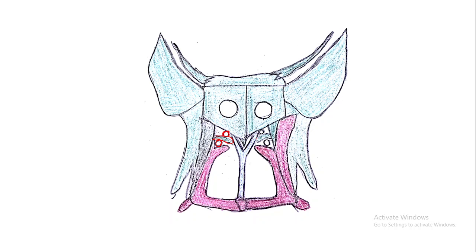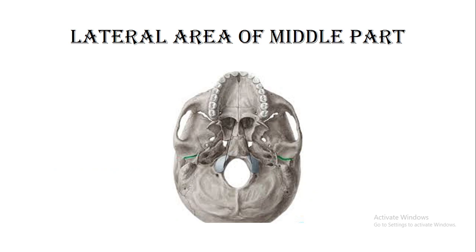These two canals are present in the median area of the middle part of norma basalis. With this we come to an end of the median area of the middle part of norma basalis. Now we'll start with the lateral area of the middle part of norma basalis.